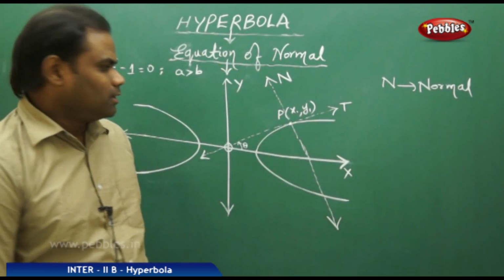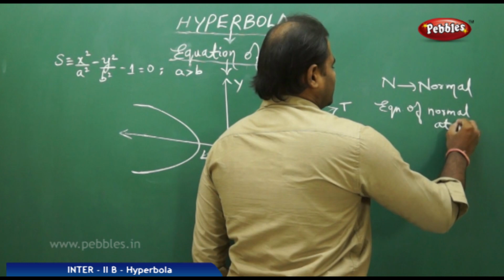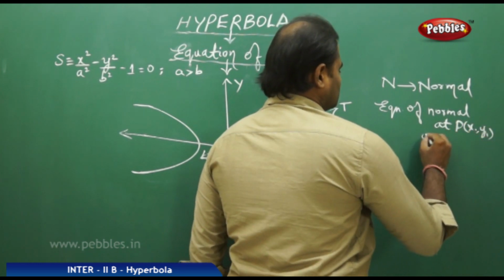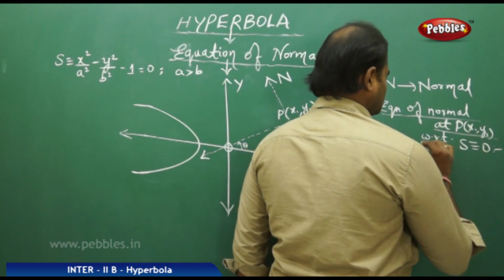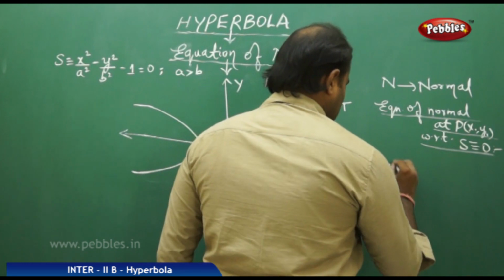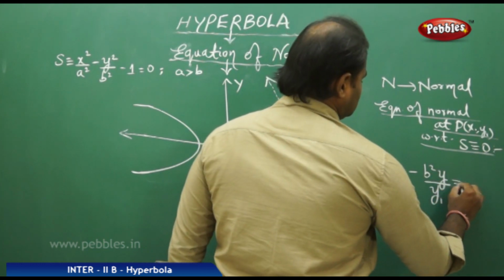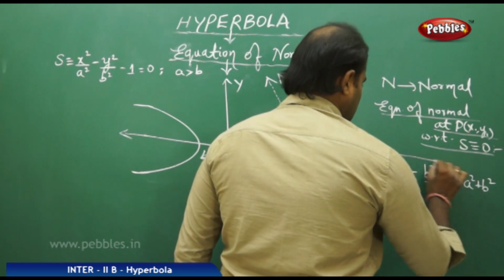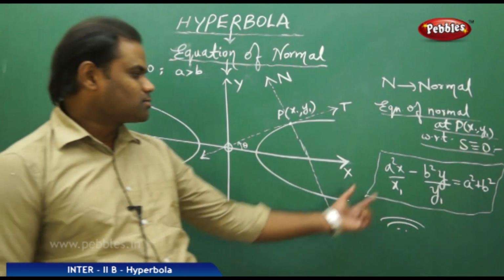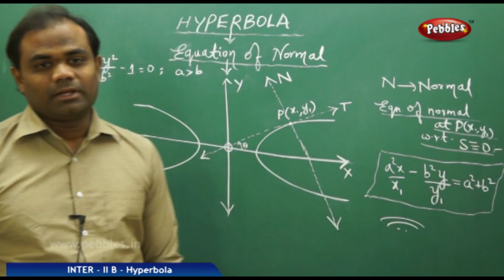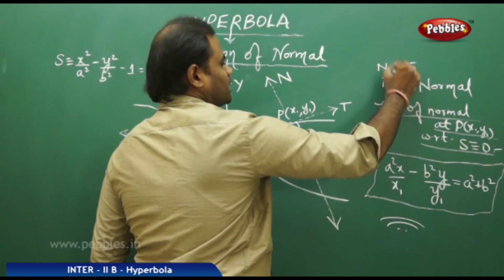So N is the normal. The equation of normal at P(x1, y1) with respect to the hyperbola S equal to 0 is given by the formula a square x by x1 plus b square y by y1 equals a square plus b square, where the normal is perpendicular to the tangent.